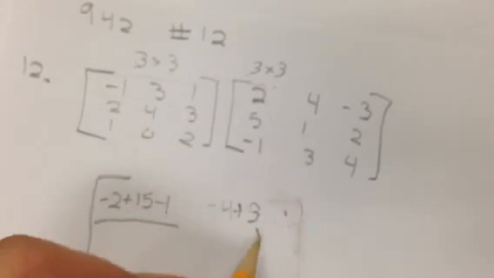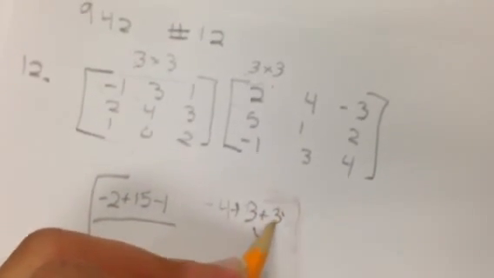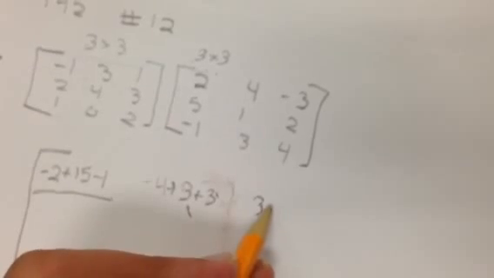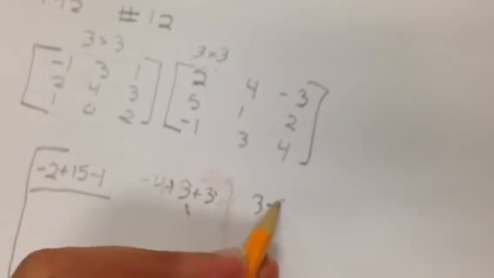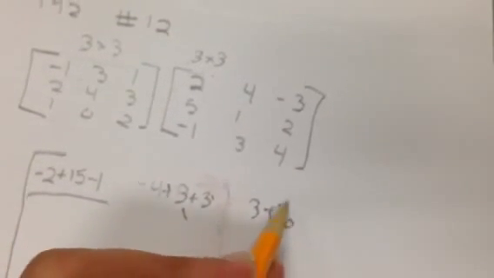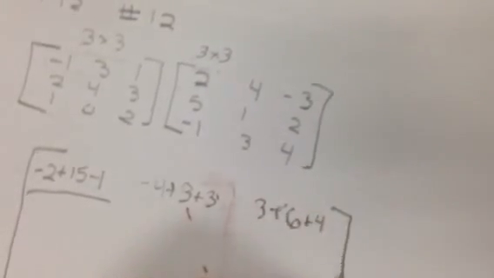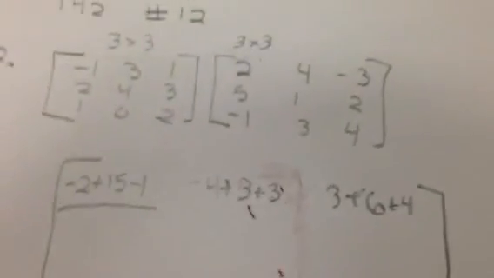And then 1 times 3 is also plus 3. And then over here, row 1, column 3, negative 1 times negative 3 is 3. 3 times 2 is 6. 1 times 4 is 4.